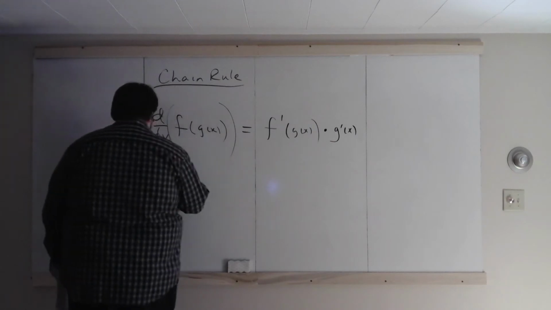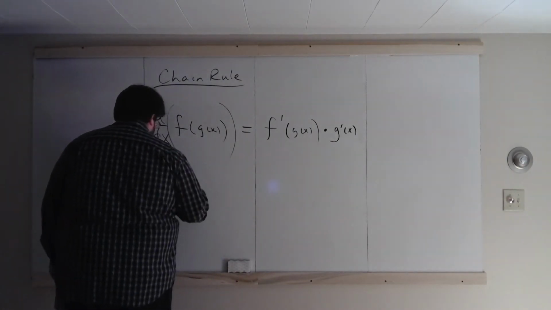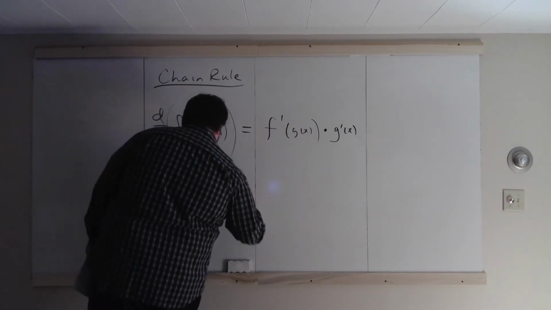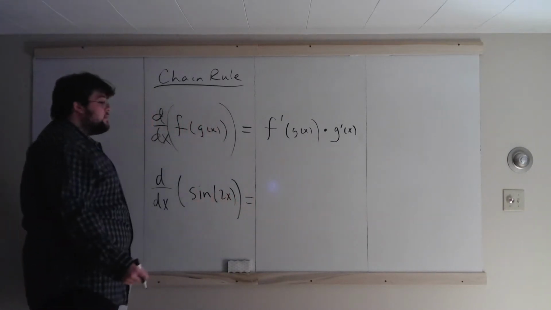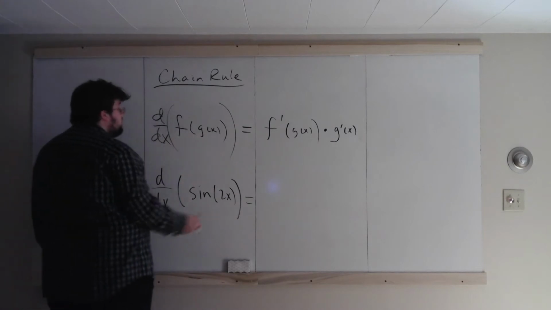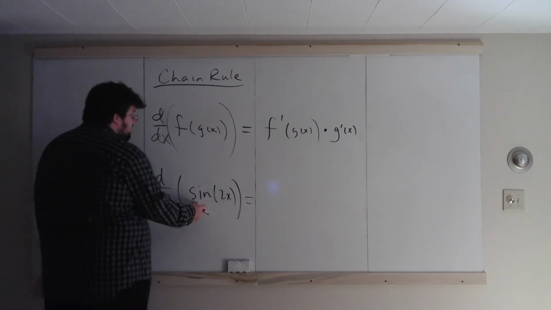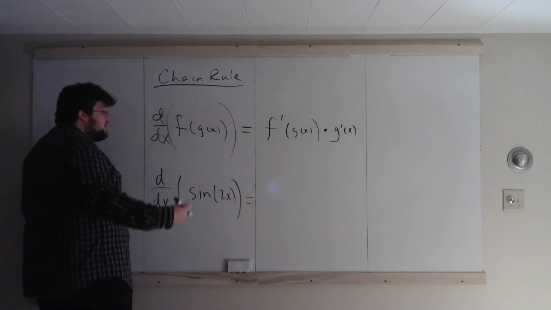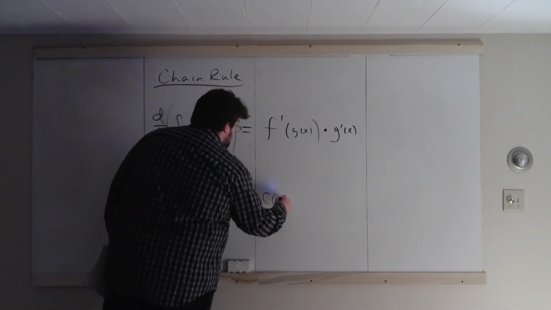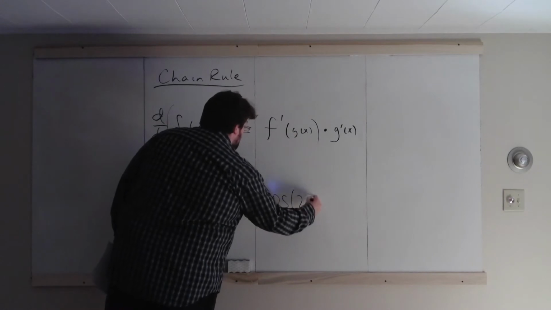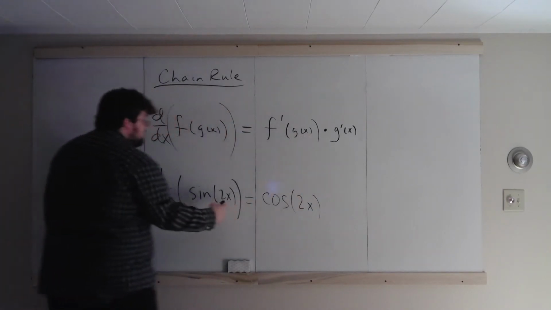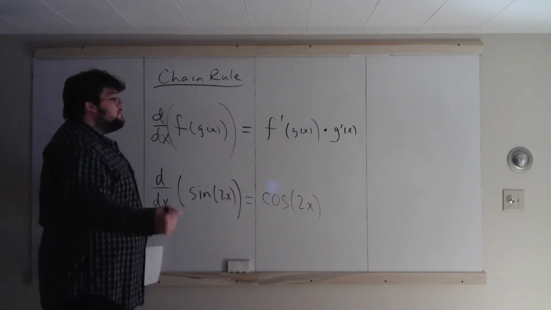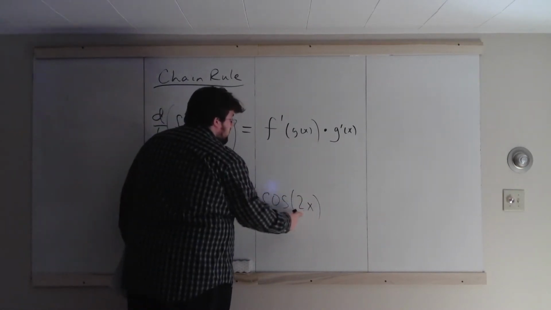So for example, with sine of 2x, here we have an outside function and an inside function. The outside function is sine. So for the first part, we need the derivative of sine, which is cosine. We leave the inside alone, so the inside here is 2x. We leave that alone, but then we multiply by the derivative of that inside.